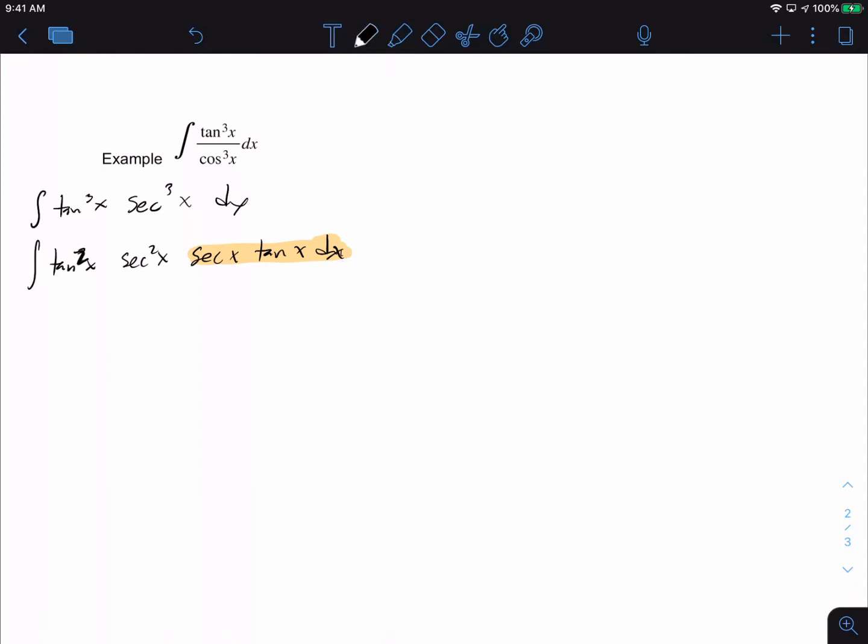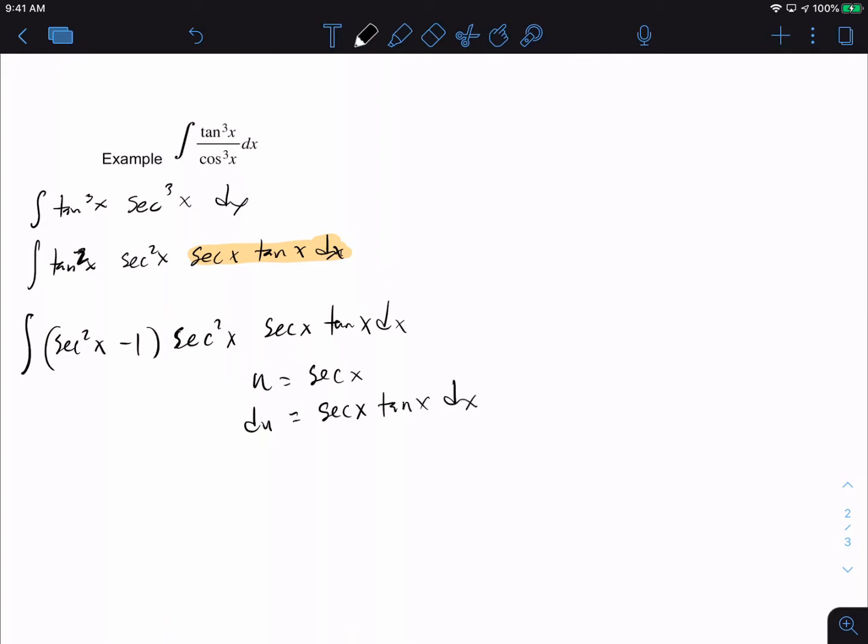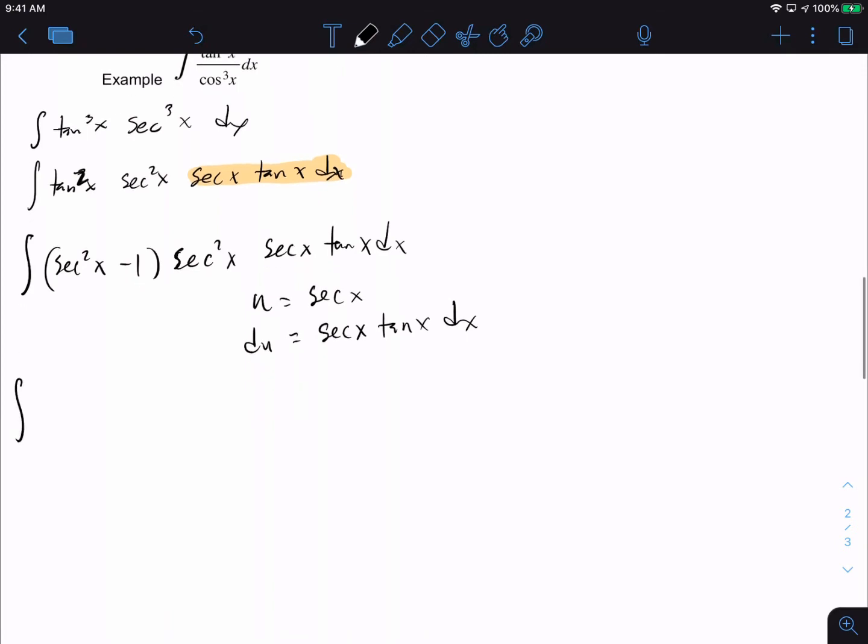So that means that tangent needs to be changed in terms of secant. So I would go, okay, secant squared x minus 1 times secant squared x secant x tangent x dx, and then we're going to let u be secant of x. So when we take the derivative, we're going to get secant x tangent x dx. That takes care of that highlighted piece for us. And so we're going to get, all right, u squared minus 1 times u squared du.